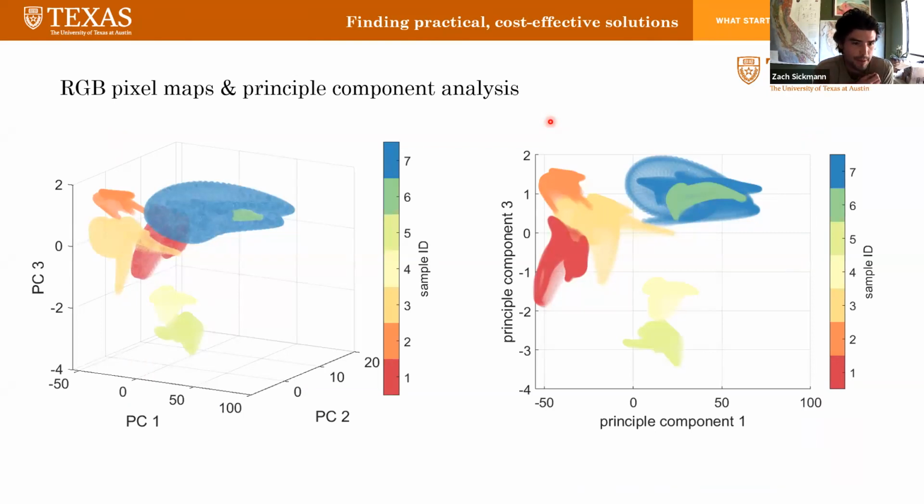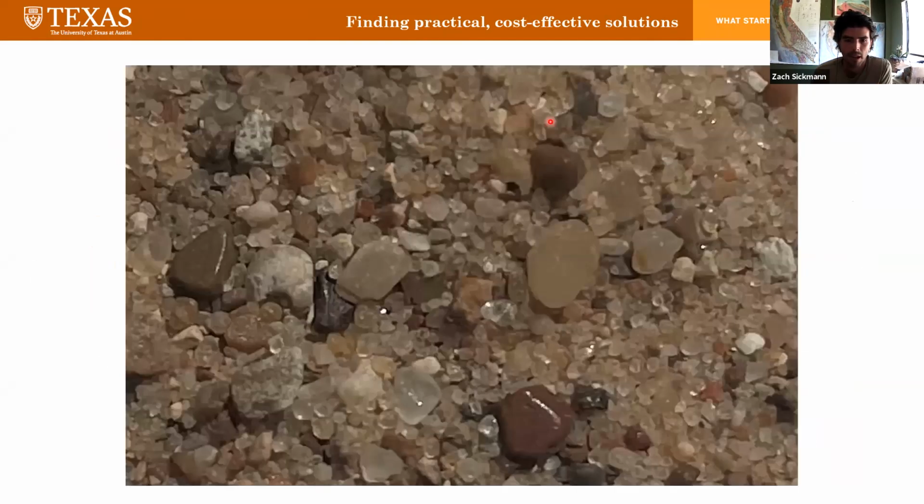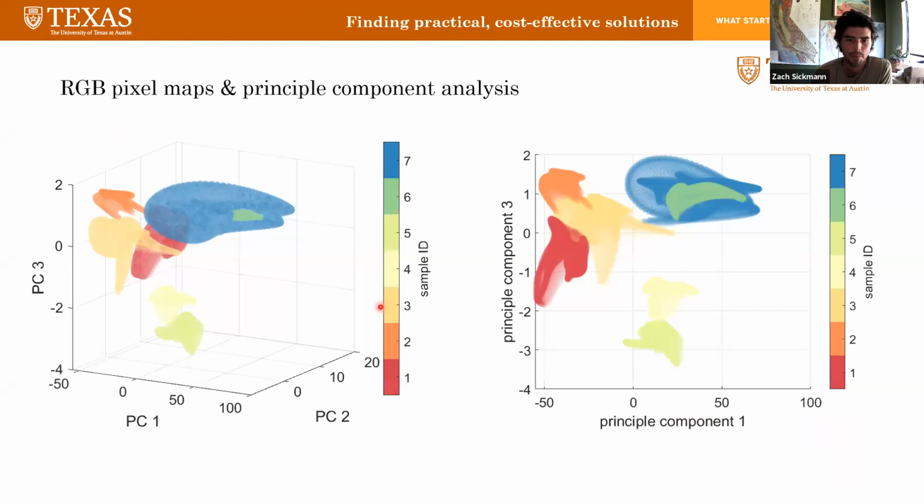So basically what we did is we photographed a couple of these end members and took an RGB value from every pixel within some defined square of the sample, and then we plotted it up and used principal component analysis to determine what the best discriminating metrics were to define the signatures of the end members here.